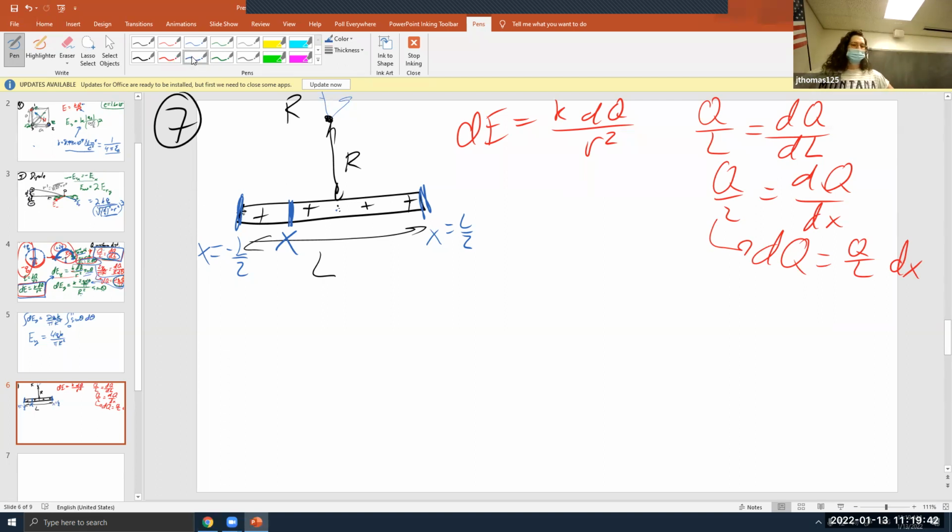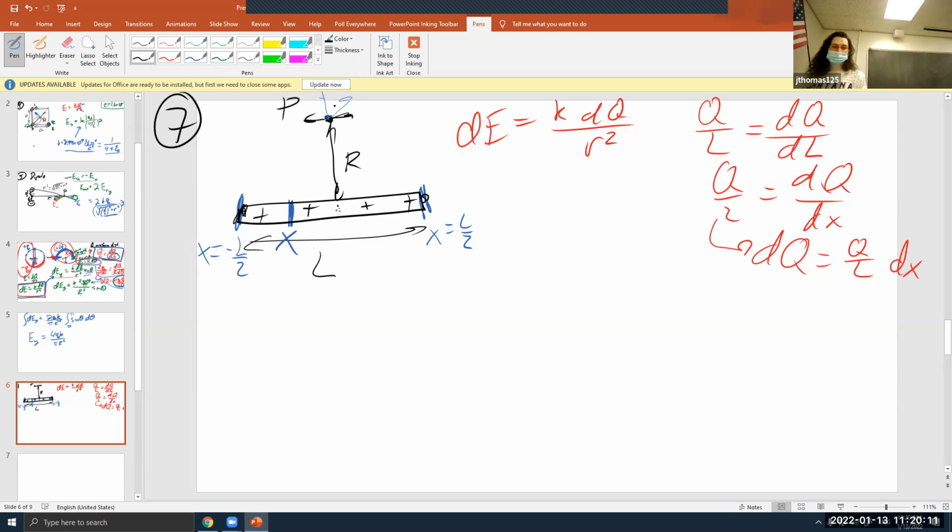Now, just as we did in the last problem, we can access some symmetry here because of the place that we have put our point P. Oh, I shouldn't have called that R up here. That should have been called point P. Because of the location of point P directly over the center of the rod, the X components here are again going to cancel out from each side. So the X component from this side and the X component from this side are going to be equal and opposite, and they will cancel out.